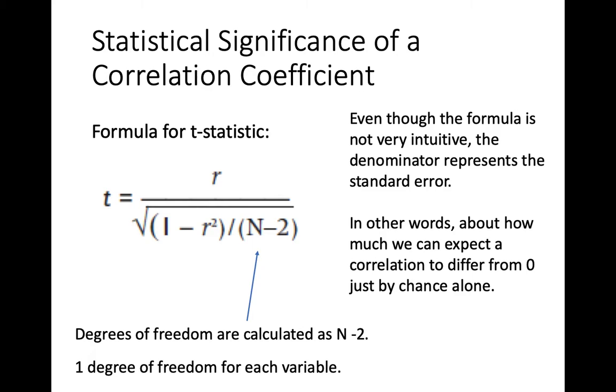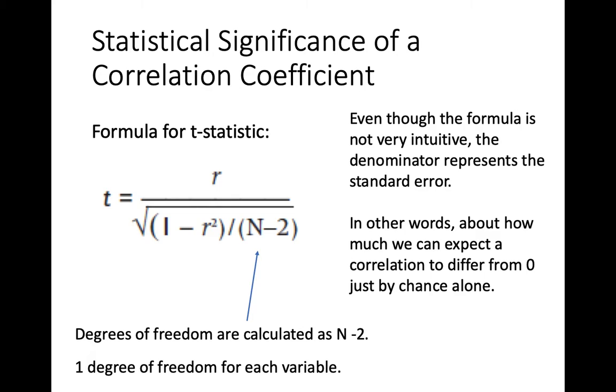Okay, just by random sampling error. So we're ultimately expressing our t as a standard error, which is the exact same interpretation that we've had this whole time for what a t-statistic represents. It represents the number of standard errors away from the mean.